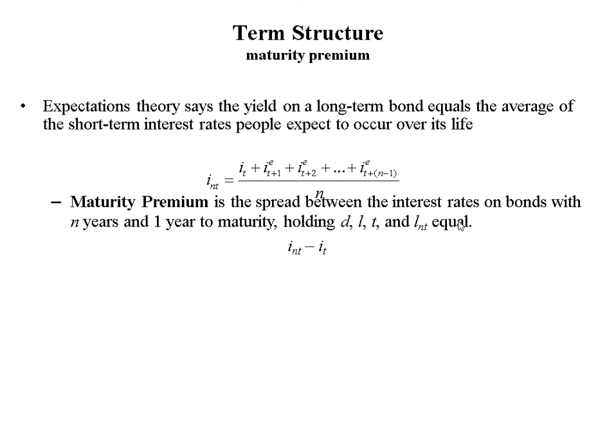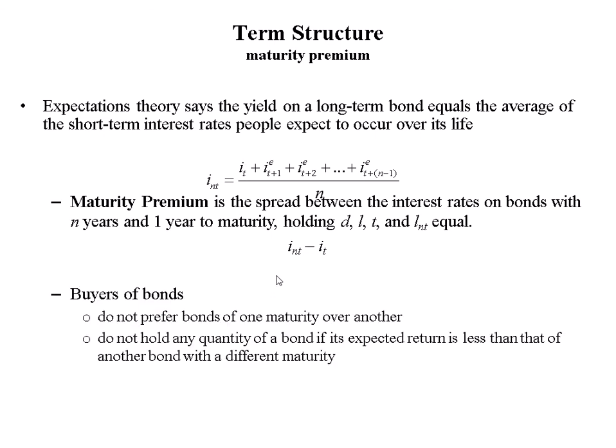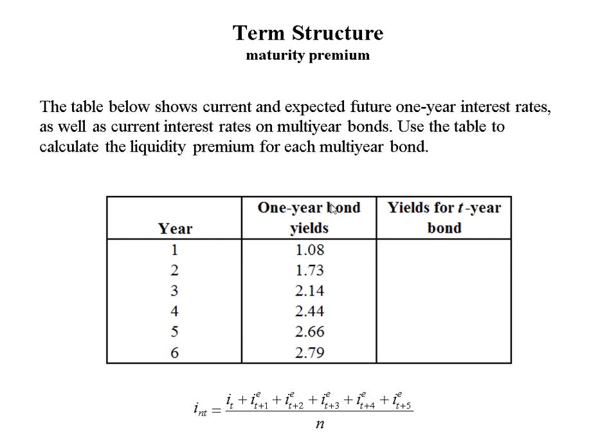Okay, and the maturity premium is the difference between this average and that yield in that very first year. So the maturity premium is just the difference between this average and that first value. And this is kind of how it works.